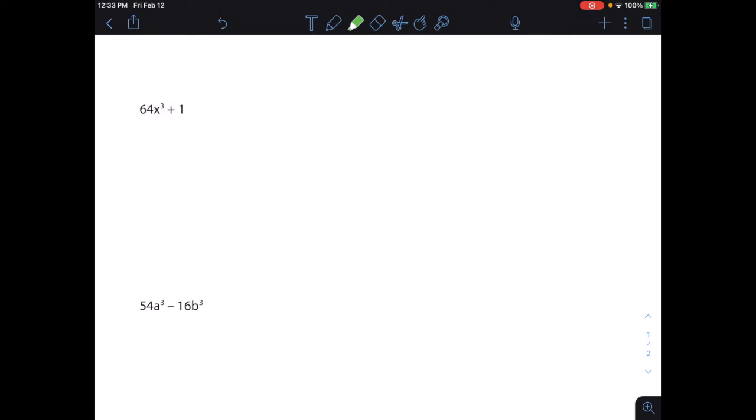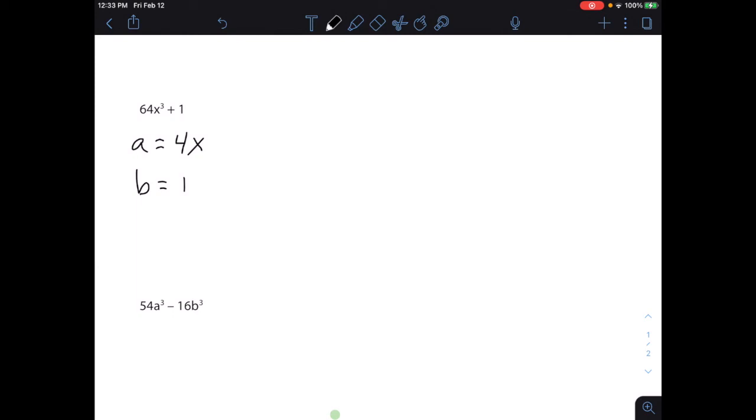But if you remember from up on top where your name is, what I wrote up there, 64 is 4 to the third power. And x to the third is just x to the third power, right? So we can identify our A as 4x, because if we multiply that thing by itself 3 times, we're going to get 64x to the third power. And our B is 1.